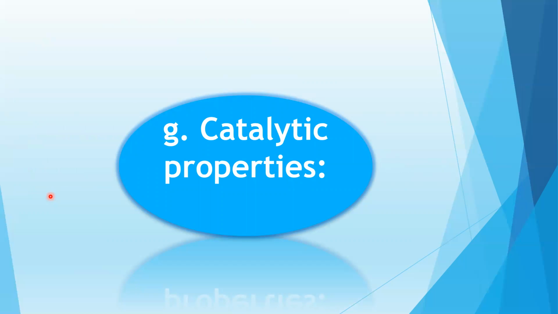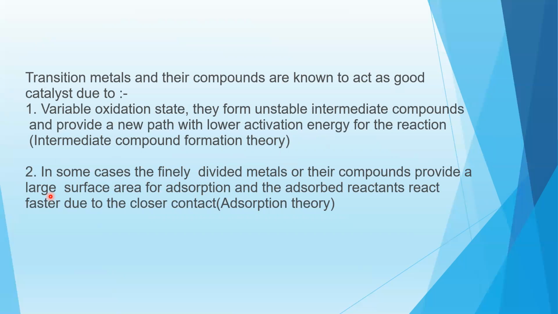Catalytic properties. Transition metals and their compounds are known to act as good catalysts due to variable oxidation states. They form unstable intermediate compounds and provide a new path with lower activation energy for the reaction.